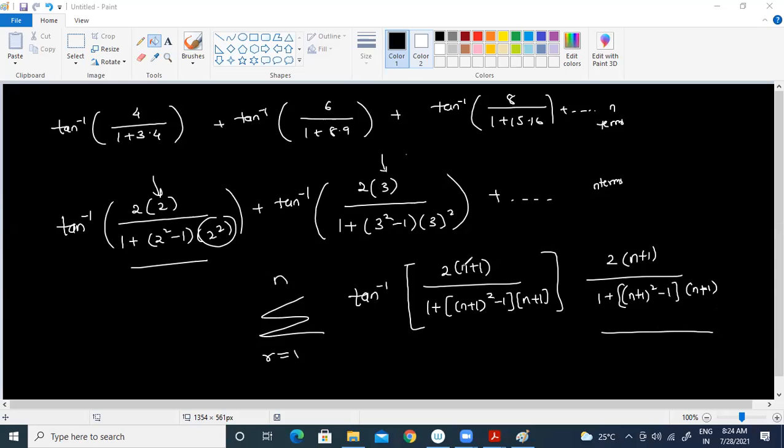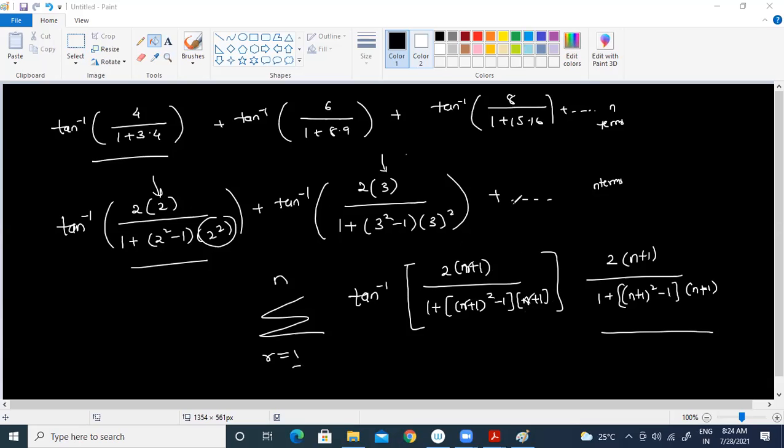You can replace this by r, because if you put r as 1, you will get the first term. Yes or no? Yes, all of you? 2 into r plus 1 upon 1 plus r plus 1 bracket square minus 1 into r plus 1.